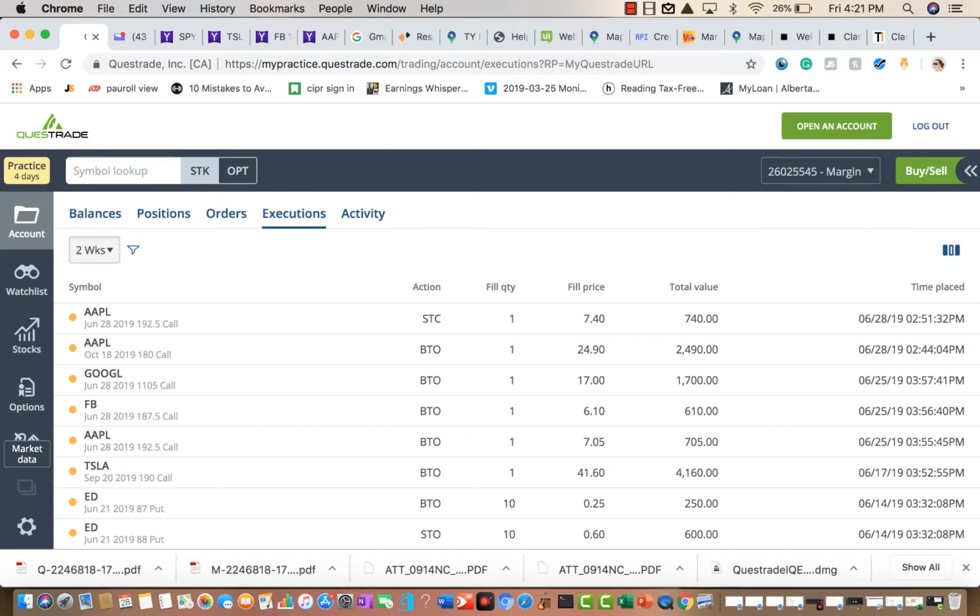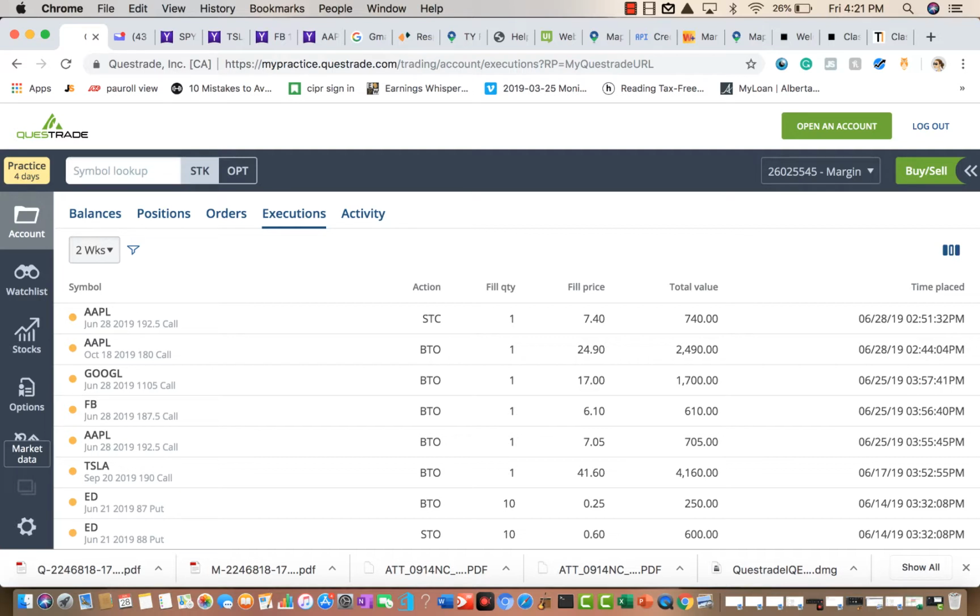So in order to enter Apple, to do a call option on Apple, I had to pay $705. All right. And what I did was, I decided to close Apple on June 28th. So in 3 days, I decided to close it.